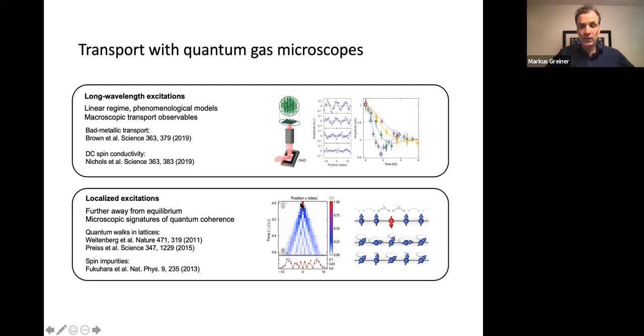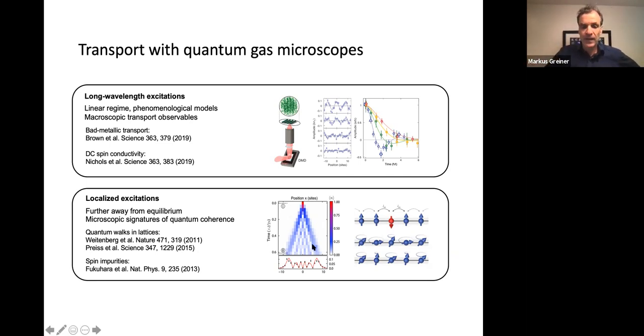That's what we did here. So if you put an atom on one lattice site and you let time evolve, you see that the atom is doing a wonderfully coherent quantum walk. So this is actual data where you see how the atomic wave function, or the wave function describing the position of the atom, expands ballistically here.